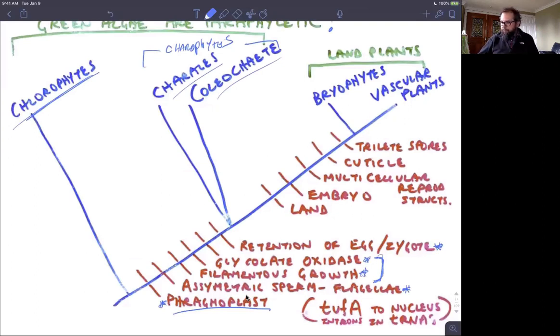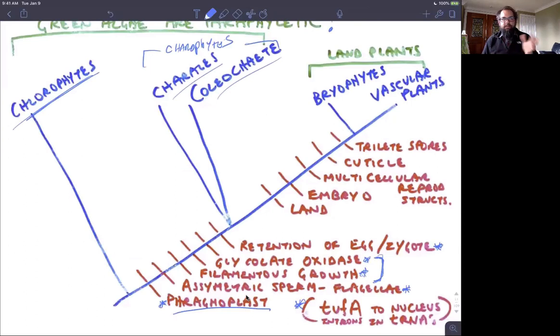The last piece that I put on here is one molecular evidence. TUF-A is a gene that's found in the chloroplast genome in chlorophytes. In charophytes and land plants, that gene is actually in the nuclear genome, having been moved to the nucleus.